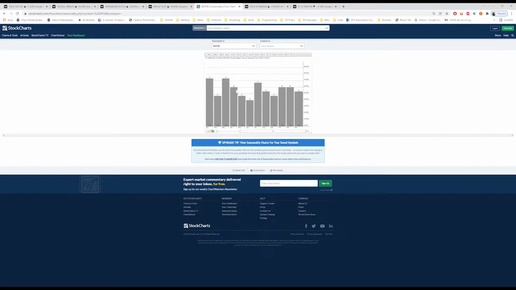Now, the number on top is showing you in percentages how often the end of the month closes higher than the month before. So the percentage at the top is only showing you that the underlying could literally have closed 1 cent above the opening, and it would be that during that month it closed higher 100% of the time.